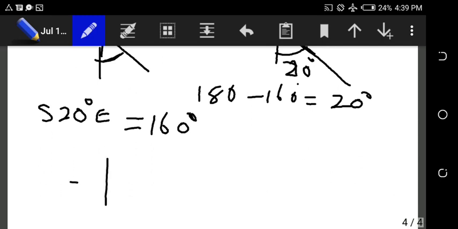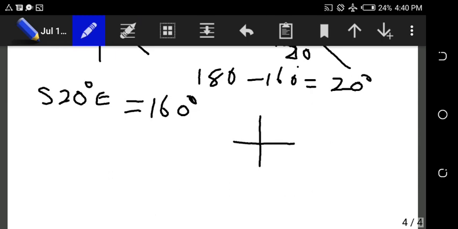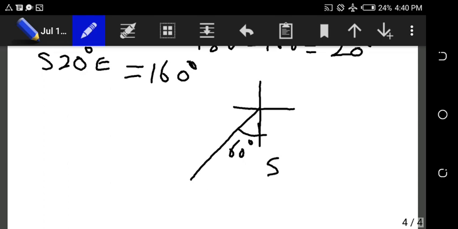Say we have a bearing like this, a compass bearing that is labeled, so this bearing here could be south 60 degrees west.